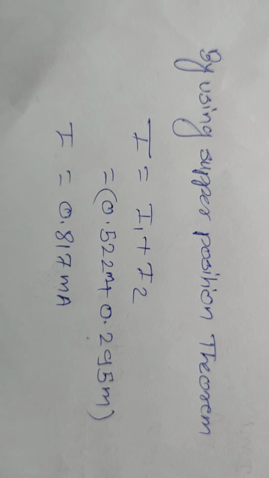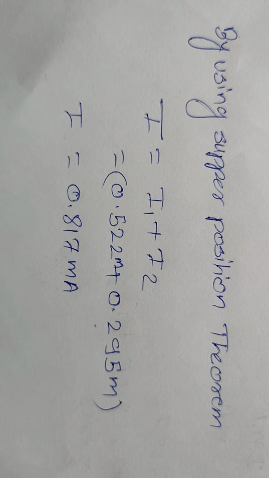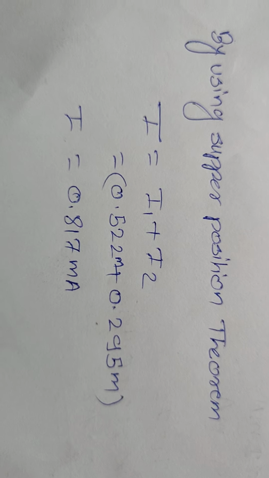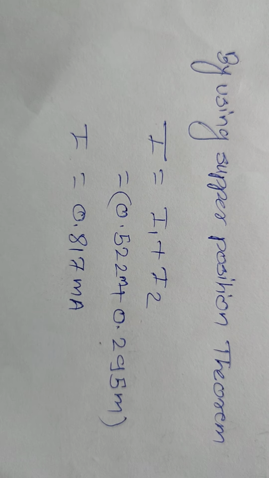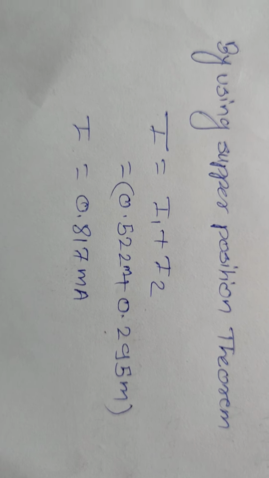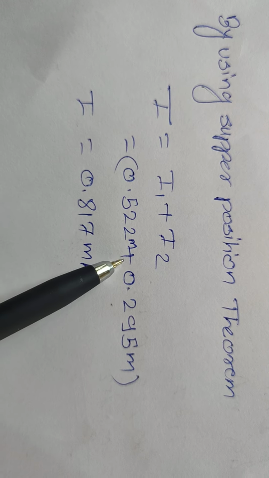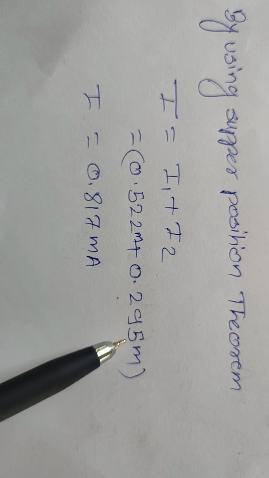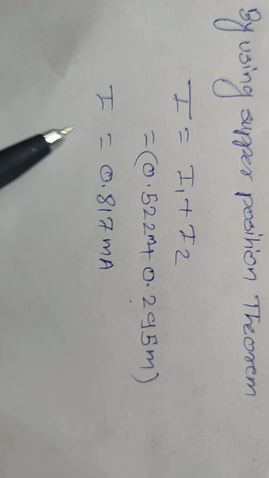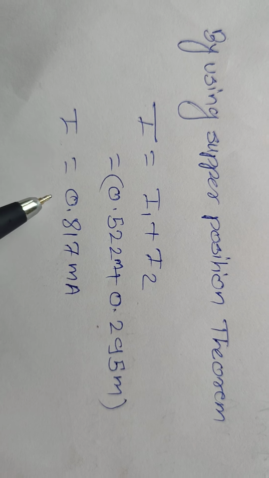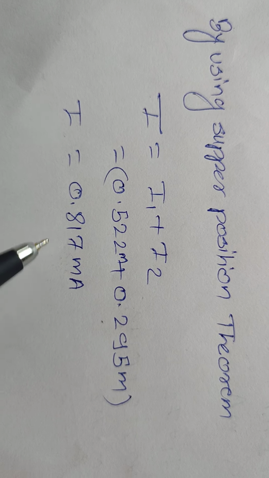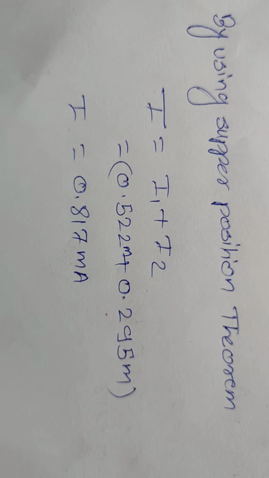So if you calculate the current I by using superposition theorem, you will get I is equal to I1 plus I2, that is 0.522 milliampere plus 0.295 milliampere. So finally we are getting current as 0.817 milliampere.